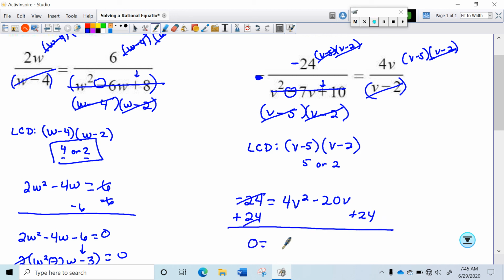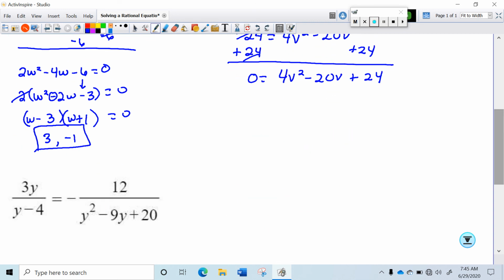Opposites cancel. 0 equals 4V squared minus 20V plus 24. I can divide all those numbers by 4, so let's factor out a 4. So that gives me V squared, negative 20 divided by 4 is negative 5V, plus 24 divided by 4 is 6. 4 doesn't equal 0, so that's gone.